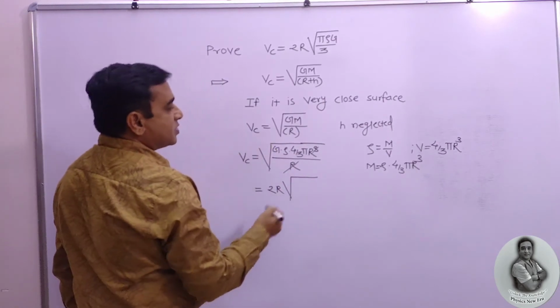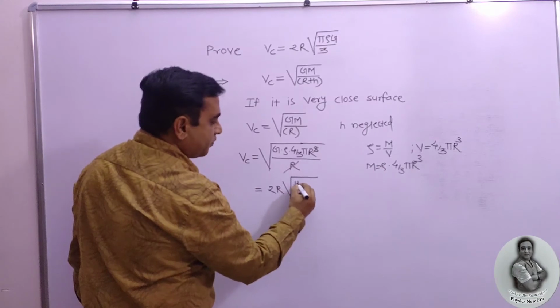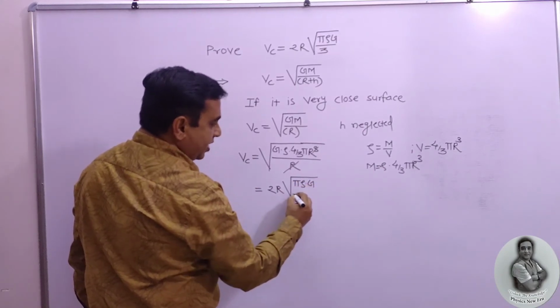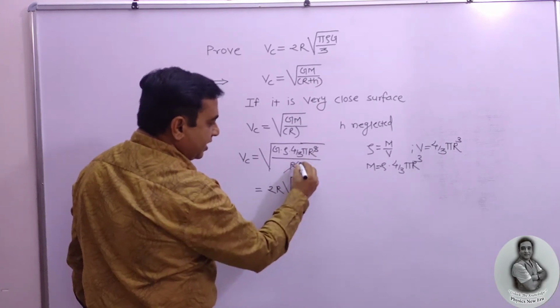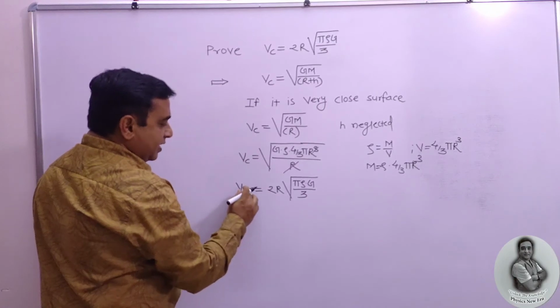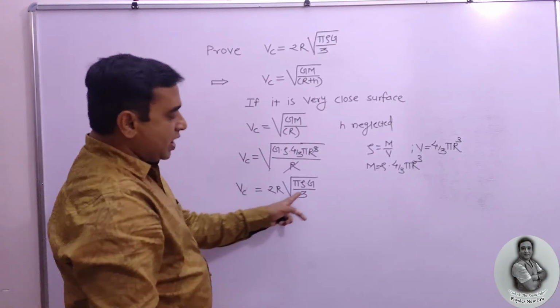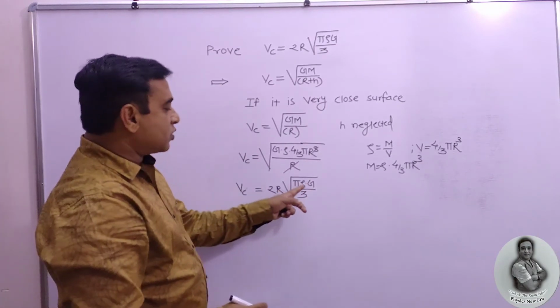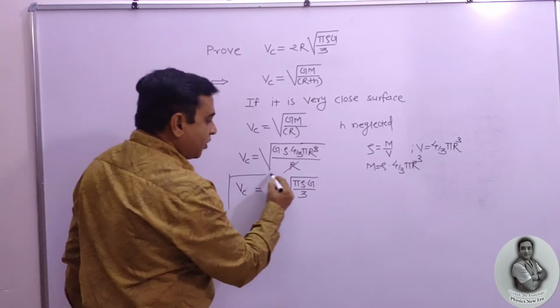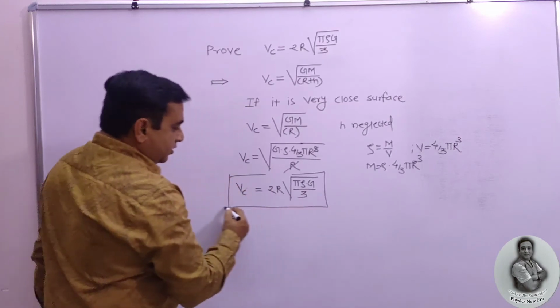Pi remains, density remains, G remains, and 3 is in the denominator. So Vc is equal to 2R into under root of pi into rho into G upon 3. This is the proof for this assignment.